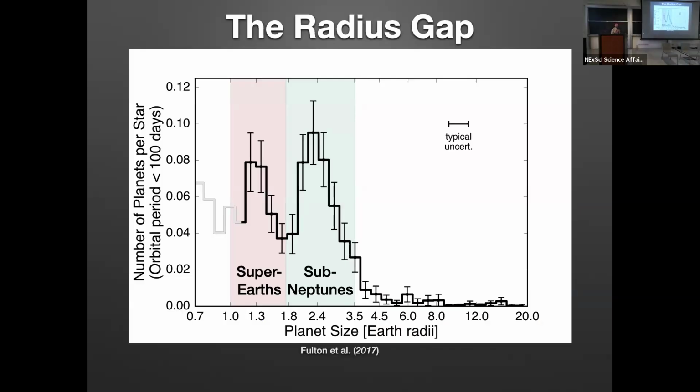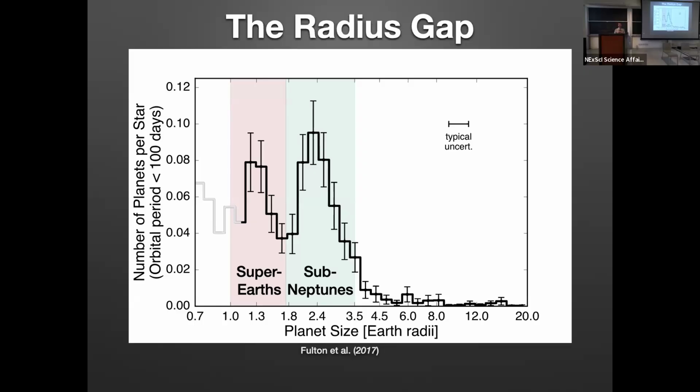One of the biggest clues about what makes a sub-Neptune and differentiates it from other classes of planets is the planet radius distribution of small planets. In 2017, we discovered that the radius distribution for these small planets is not smooth. Planets smaller than Neptune don't come in random sizes. They tend to come in two, either about 1.2 times the size of Earth or about 2.4 times the size of Earth.